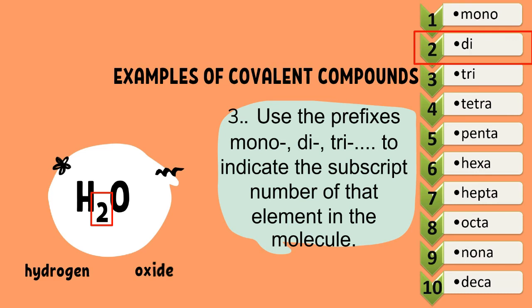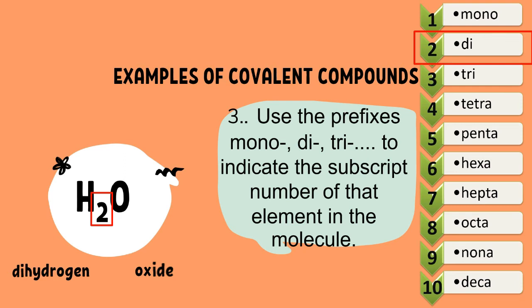Is it going to be dihydrogen or dioxide? So what do you think? Alright, it's going to be dihydrogen. So it will be placed at the beginning of hydrogen because the subscript 2 is a subscript for hydrogen.